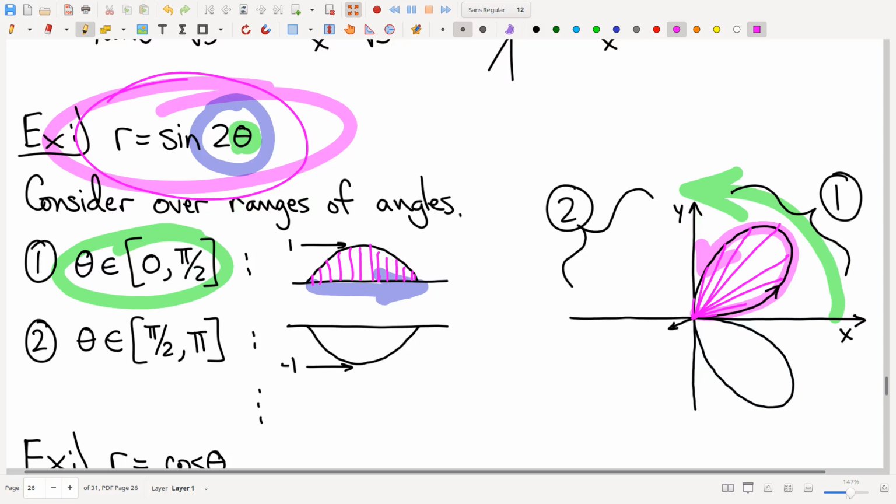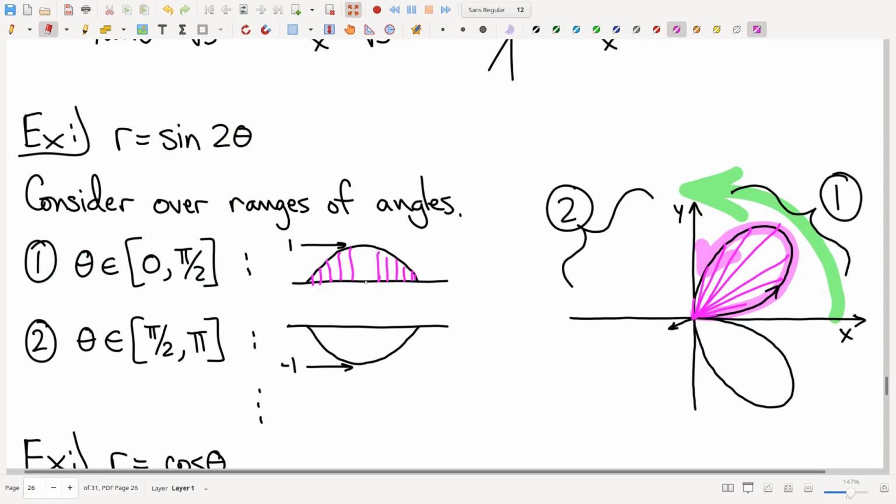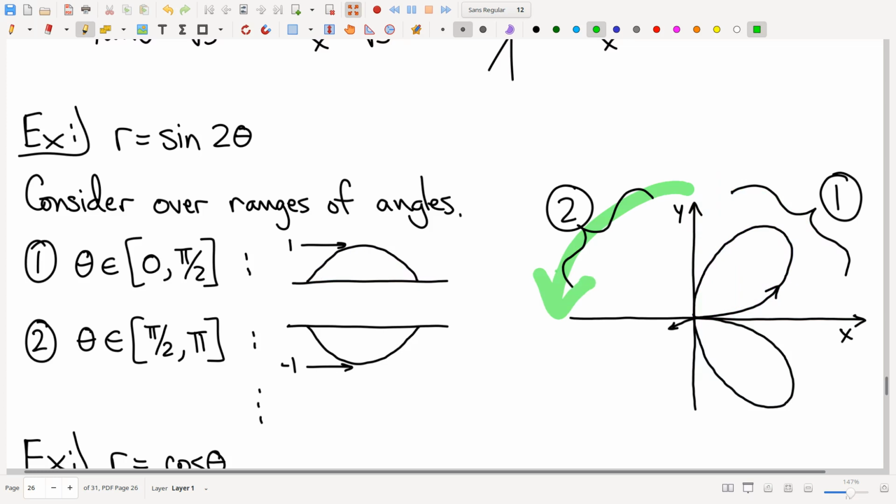Okay. And I'm going to say et cetera, but let me start you off on the next set of values of theta. Let's think now about these values of theta from pi over 2 to pi. Keep in mind that's what theta is doing. The argument of sine is twice that.